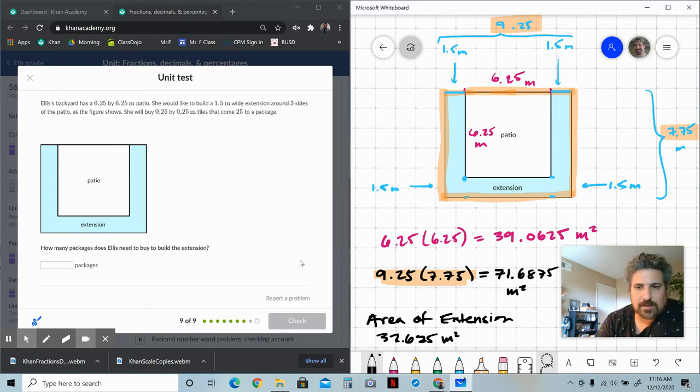Now the actual tiles she's buying are 0.25 by 0.25. So each of those little tiles that she's going to be buying, it's 0.25 by 0.25, which is what amount of square meters? Let's look at that.